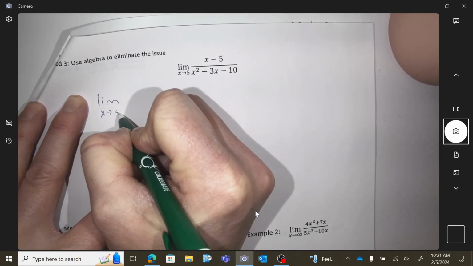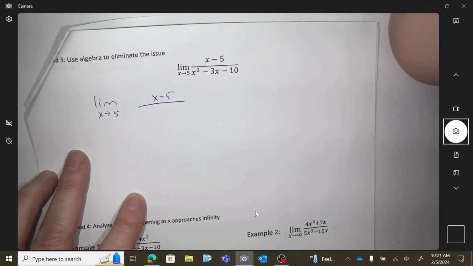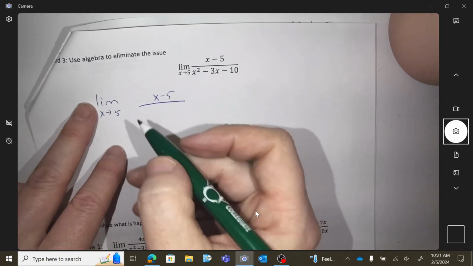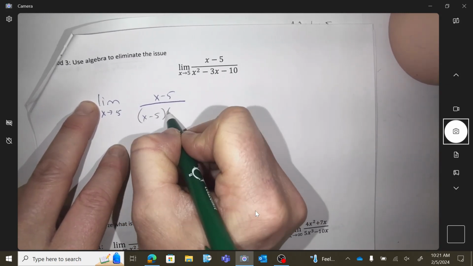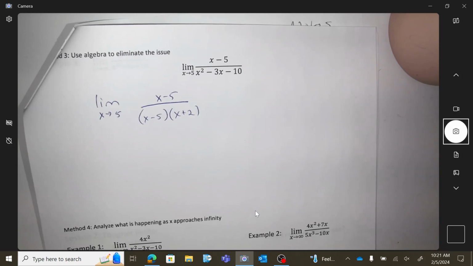If I can eliminate the problem, x minus 5, would you see that I could factor the bottom? So this is why I can't plug a 5 in, because I'm making a division by 0, and then you're getting an undefined answer.